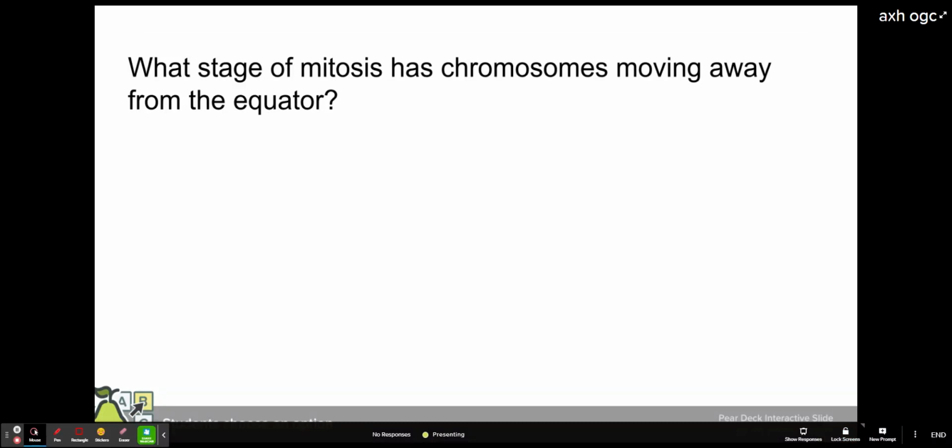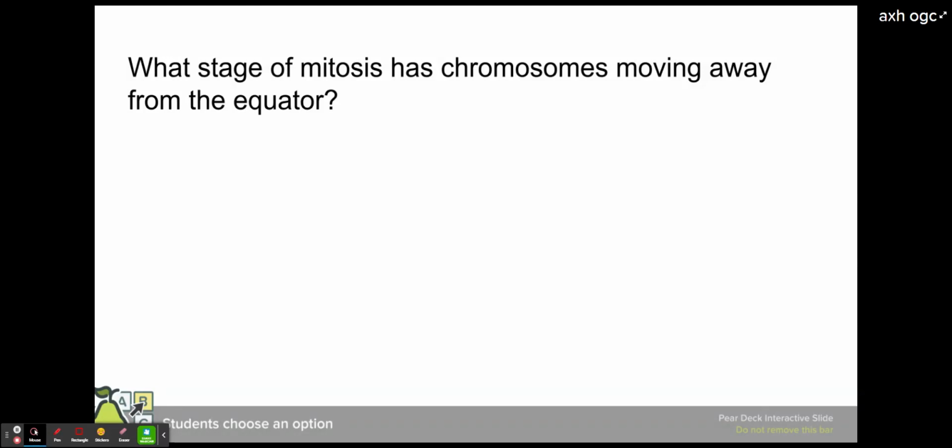What stage of mitosis has chromosomes moving away from the equator? Zach?